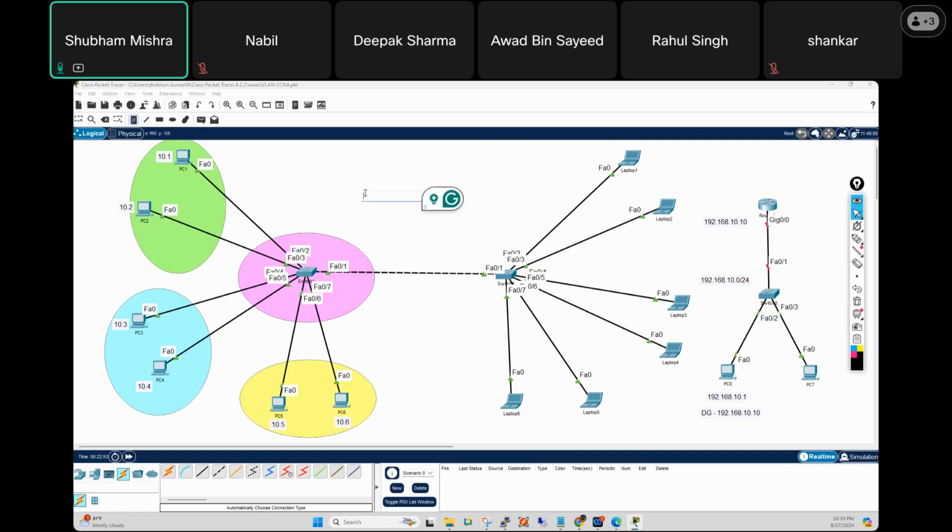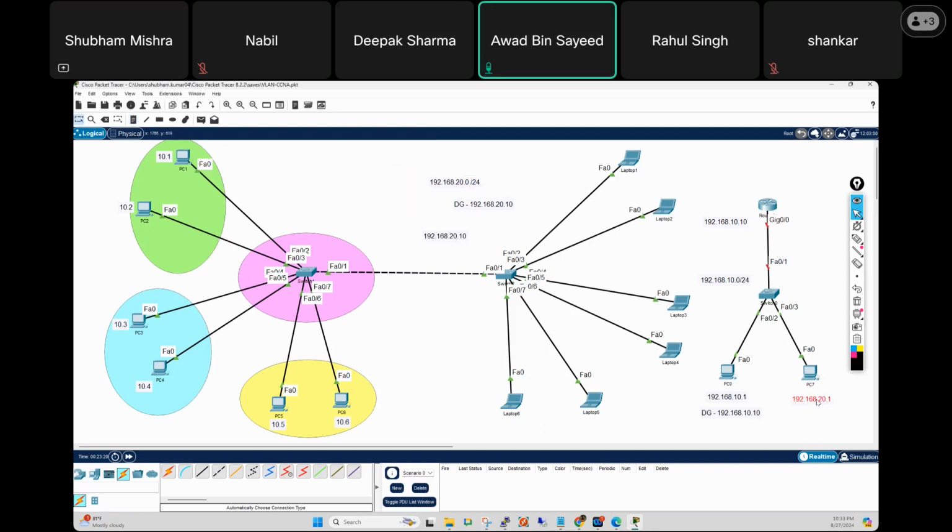Now 192.168.20.1. 20.1, then 20.10. Okay, and then the default gateway will be, guys, 20.10. 20.0/24 will be our network ID.